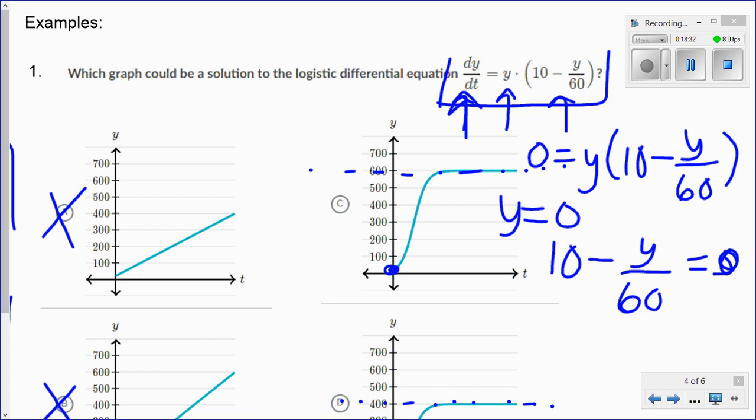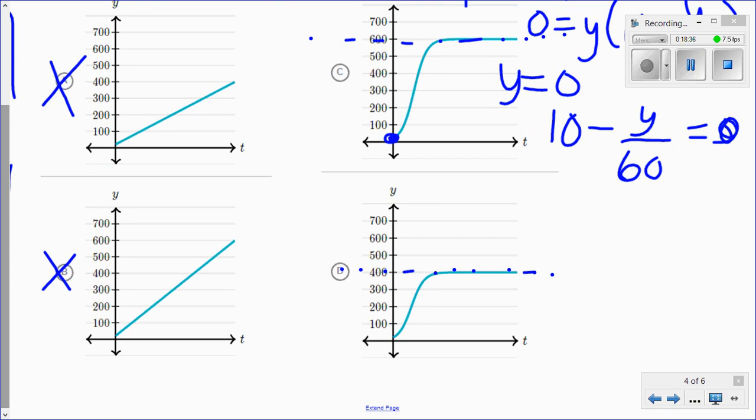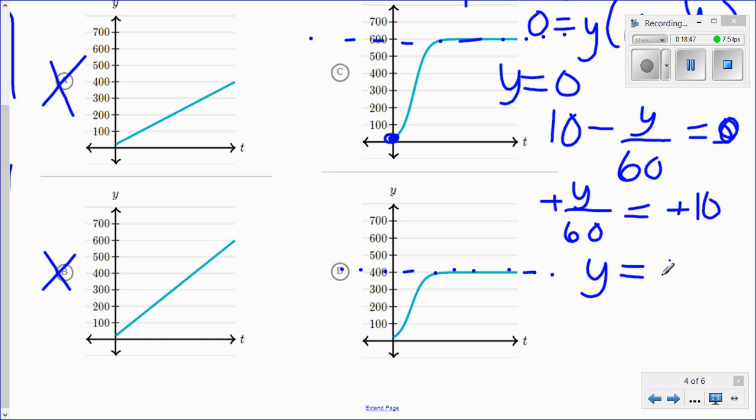So if I subtract 10 on both sides, I get this, and then I can divide by -1 on both sides, and then I can multiply by 60, and I get y equals 600. So 600 is our carrying capacity, and so at that point we could eliminate D, and we know that C is the correct graph.